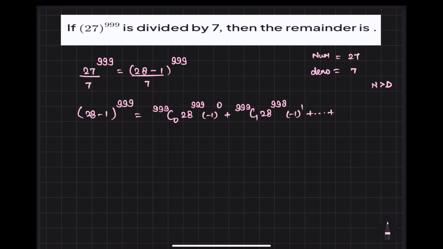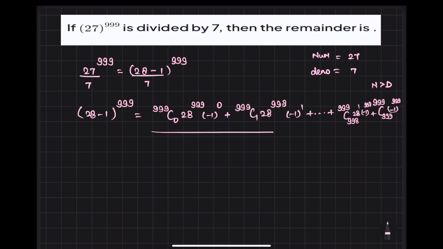Now at the end, what will happen? Triple nine C triple nine, and this time 28 to the power 0 and minus 1 power triple nine, correct? Now before that you will have 999 C 998, and then you will have 28 power 1 and minus 1 power 998.